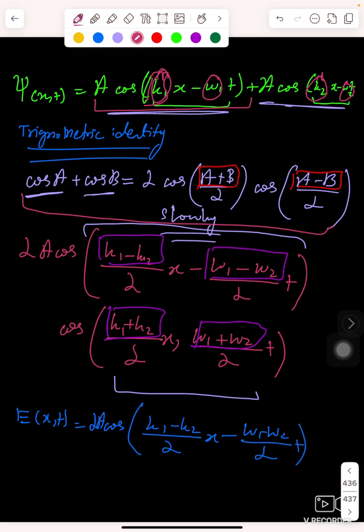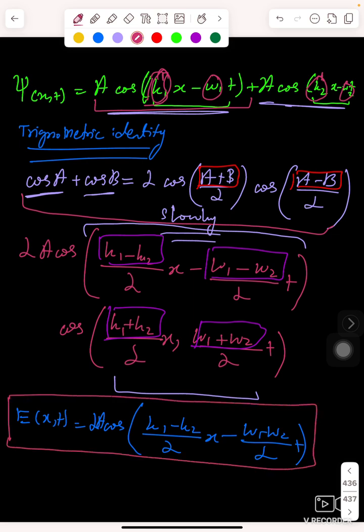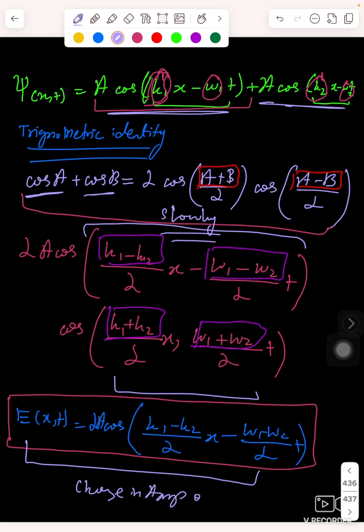This is our final equation in terms of amplitude. Yeah, that's it. This is the change in amplitude over time and space, which is x and t. Thank you.